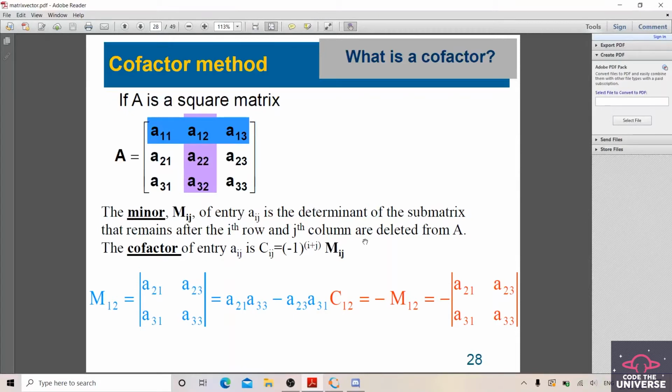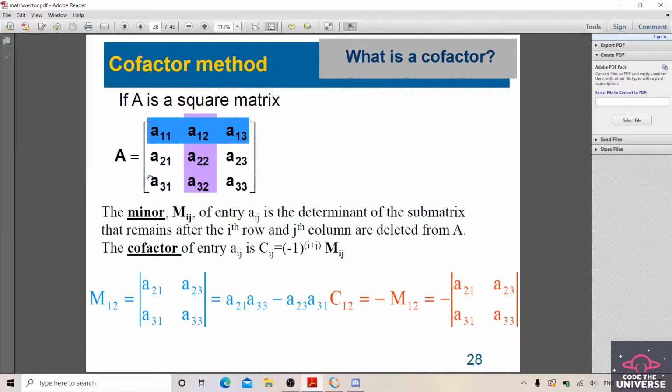For any element in a matrix, you block the row which contains that particular element and the column that contains that particular element. So let's say the element is A12, then you block the row in blue and the column in purple.